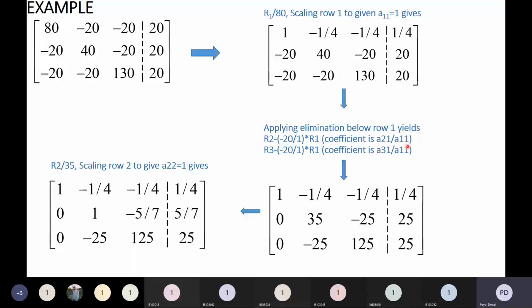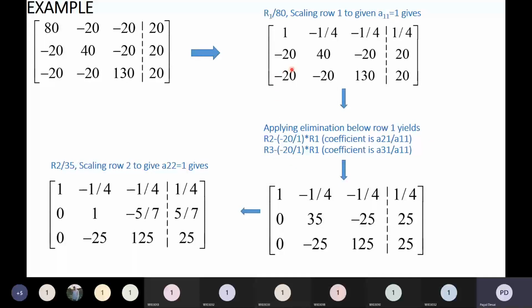These are your Gauss elimination multipliers, and we will use them in our further topic, the LU decomposition method. If time permits, we will cover that in today's class. In the LU decomposition method these are called elimination multipliers, and you will see how useful they are.